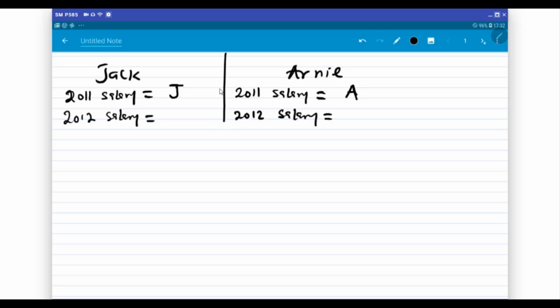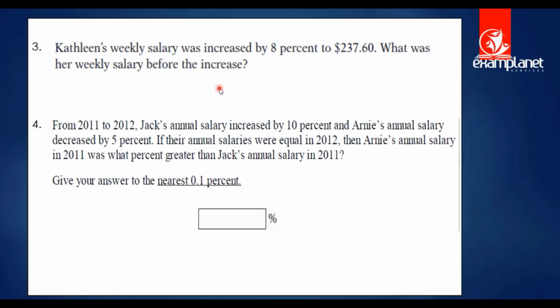Now the question says that from 2011 to 2012, Jack's annual salary increased by 10%. So Jack had an increase of 10%, and Annie had a decrease of 5%. Can you see that? So Jack increased by 10%.